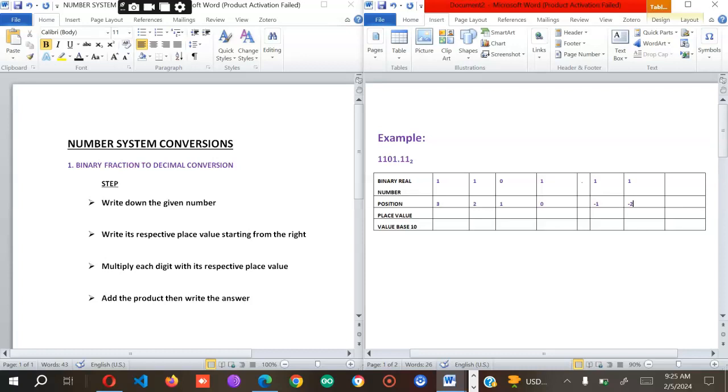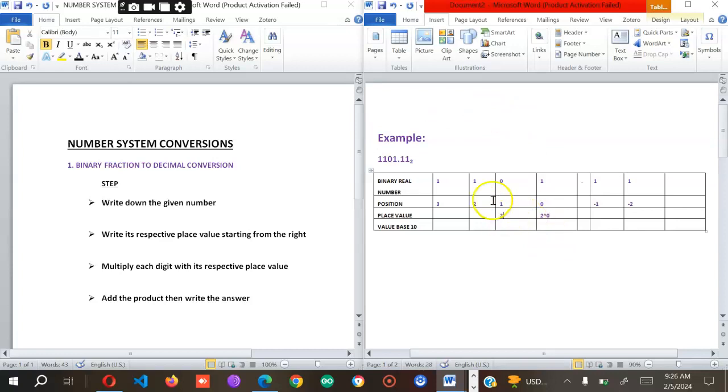Okay, having done that, let's get the place values. This is supposed to be base 2, therefore this one is 2 raised to power 0.